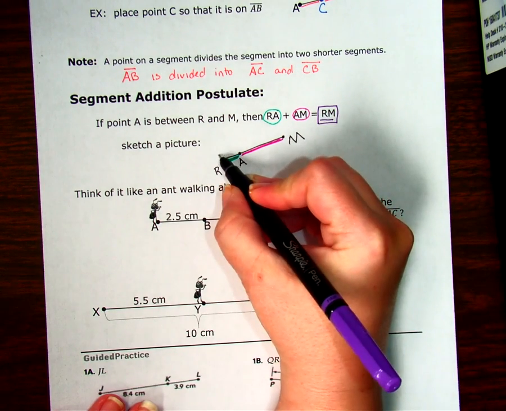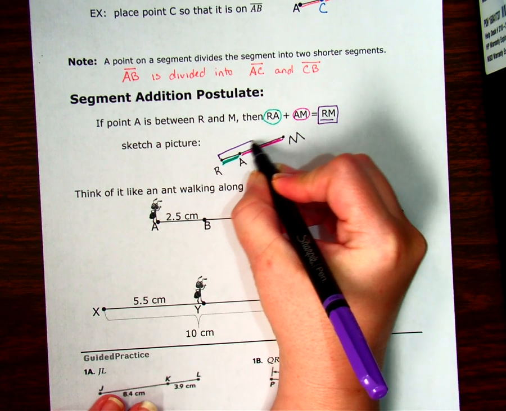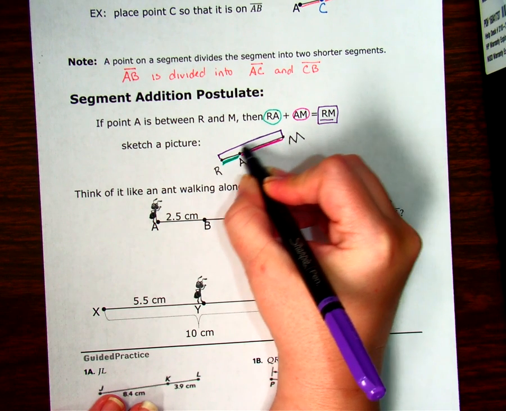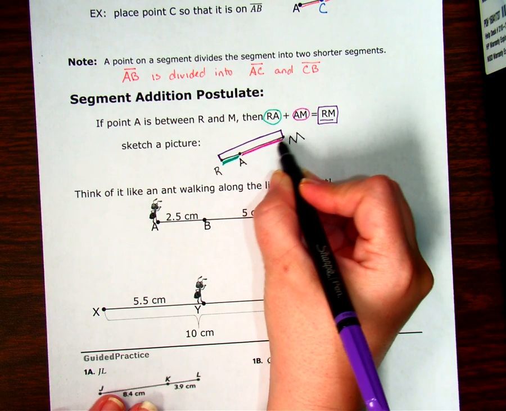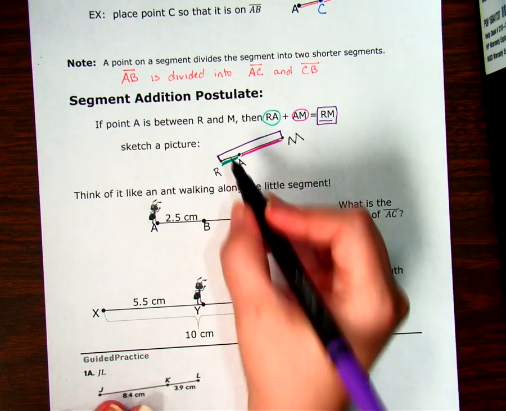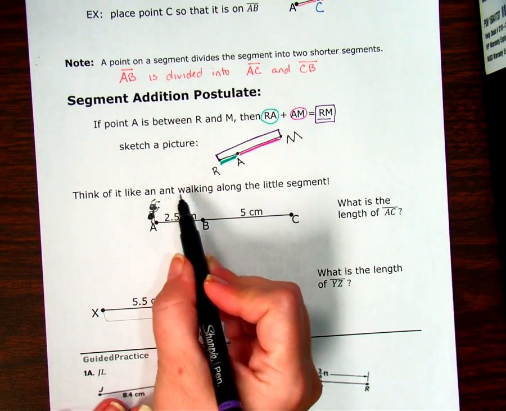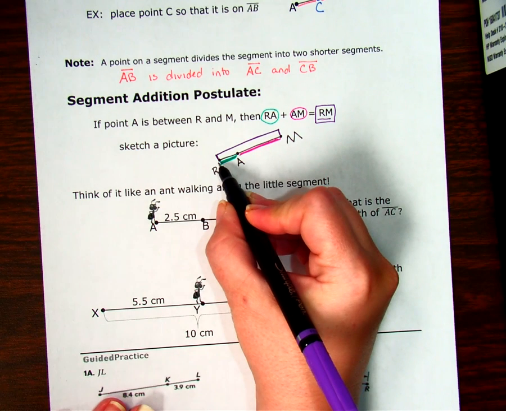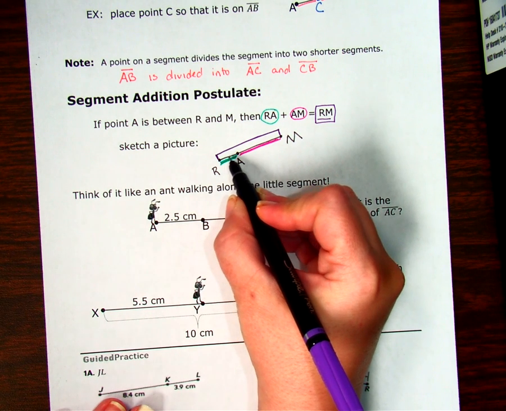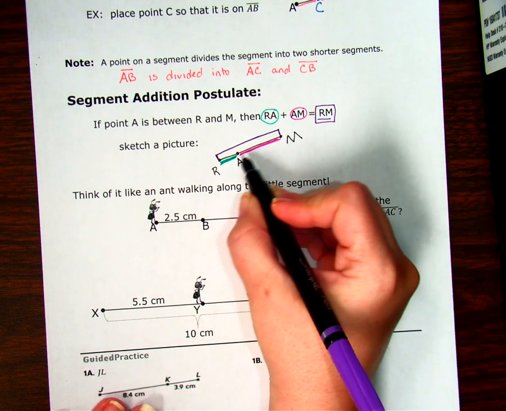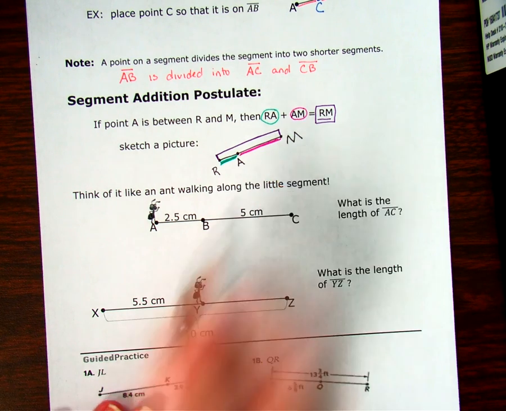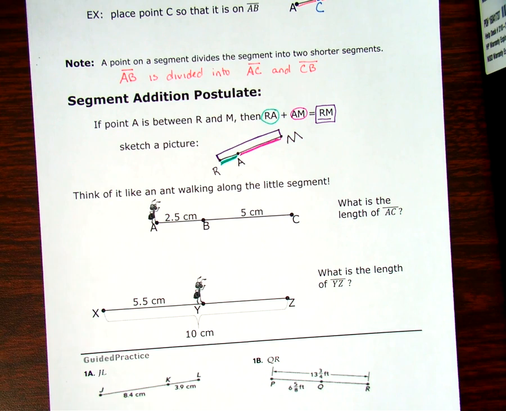So the distance from R to M. So if I take the green piece plus the pink piece, it equals the whole length, the purple piece. And that should kind of just make sense. I like to think of it like an ant walking along the segment. If I had a little ant on my paper and he walked to A, and then he kept walking and walked to M, we could add those two lengths together to find out how far the ant walked total.